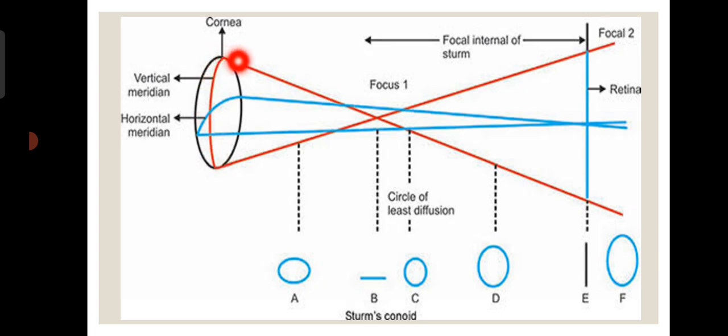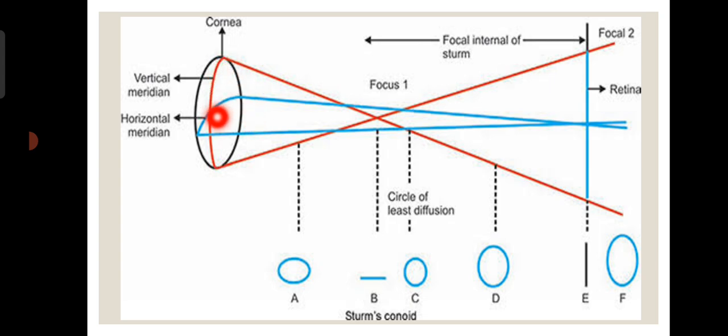For the vertical meridian, the rays of light will focus at some point, and for the horizontal meridian the rays of light will focus at another point, right? Basically it is forming a cone, not a sphere, because our cornea is not spherical.